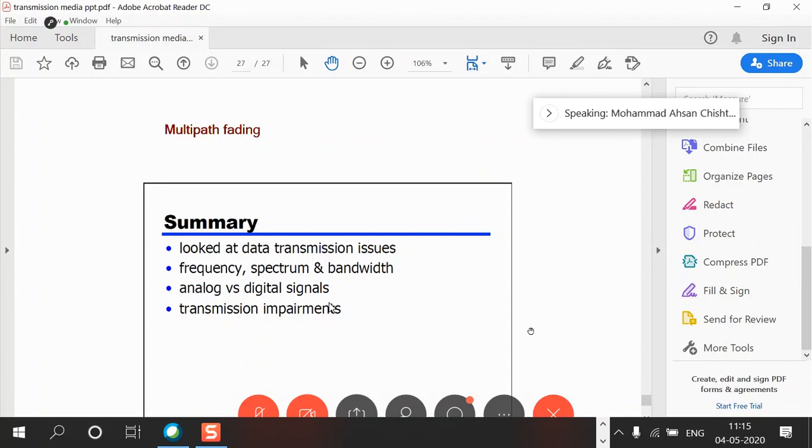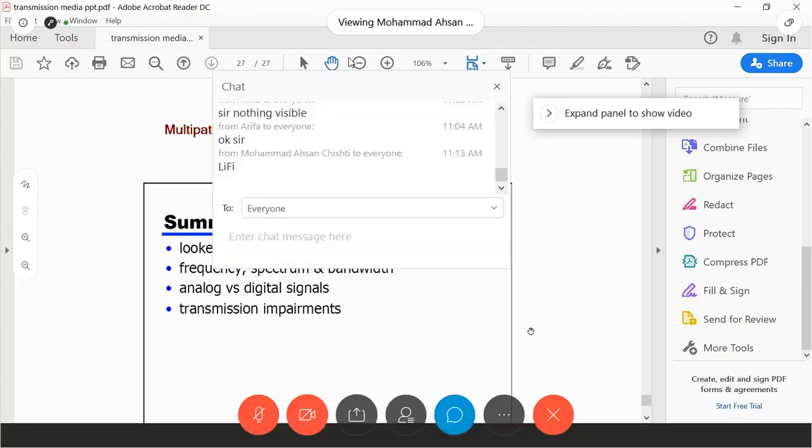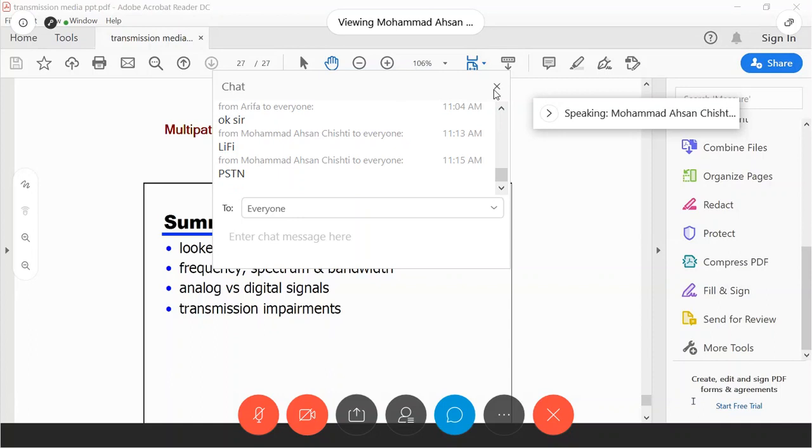All right. Now, I believe you would have another class coming up. I would want you to read a little bit about the telephone system to get an idea of how PSTN works. I'll just write here PSTN. That stands for Public Switched Telephone Network.